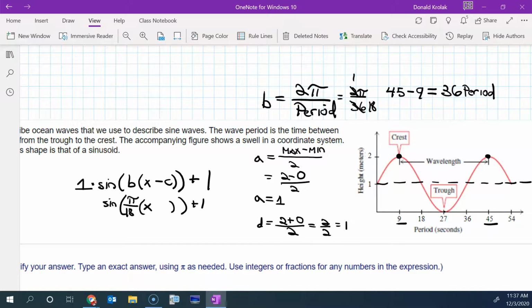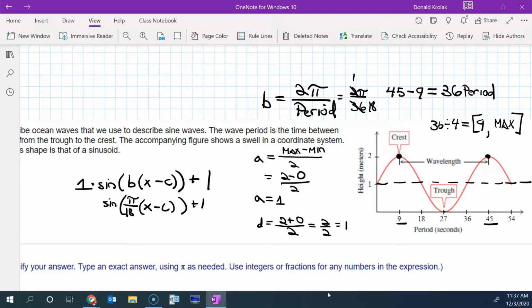Now I've got to see if there's a phase shift. The whole period was 36 seconds. If I divide that by 4, I get 9. So the max should occur at 9 seconds.